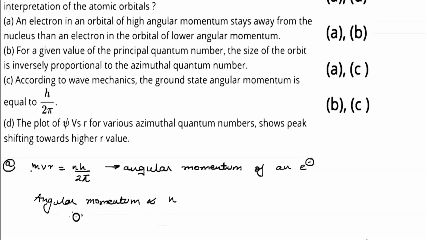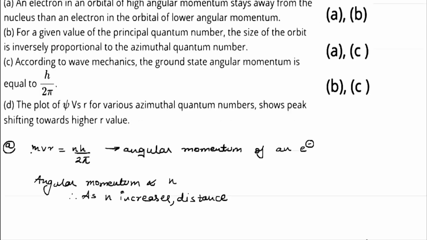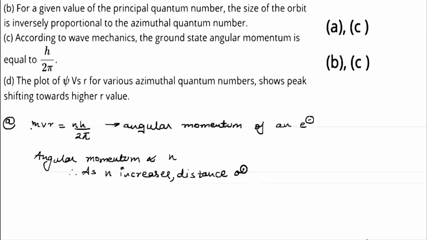So as the principal quantum number value increases, the distance of the electron from the nucleus will also increase, isn't it? Yes, the distance of the electron from the nucleus will increase.